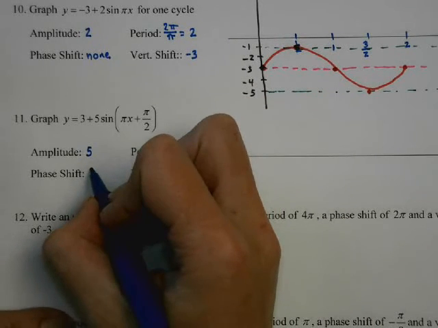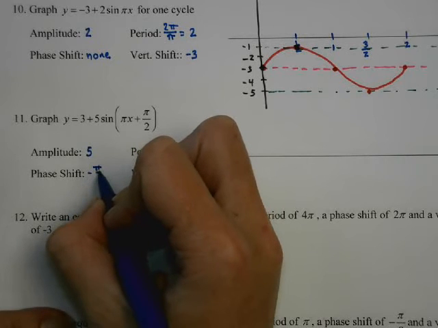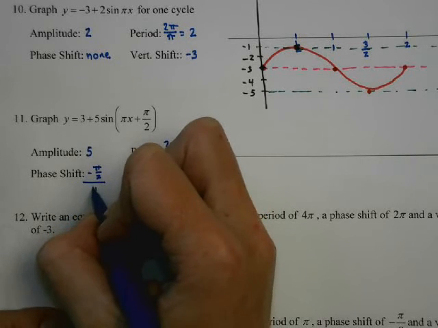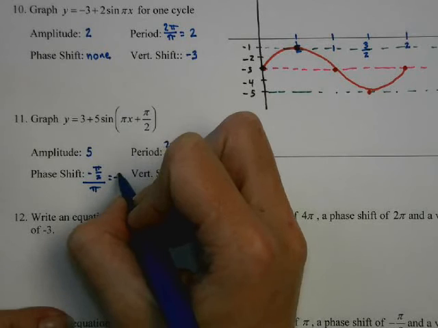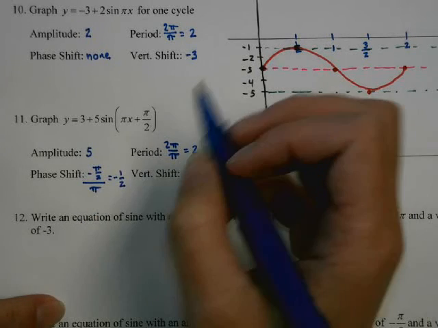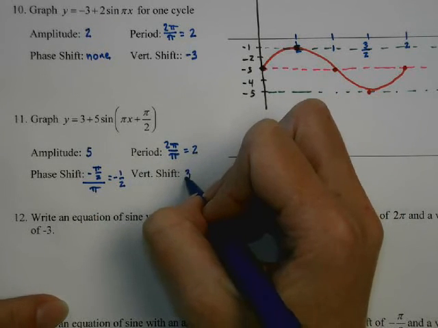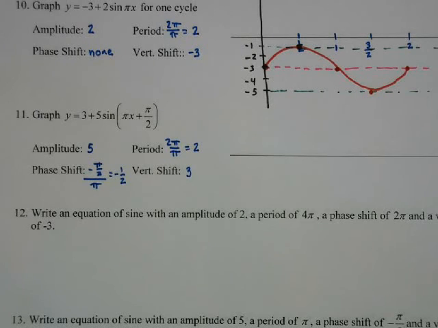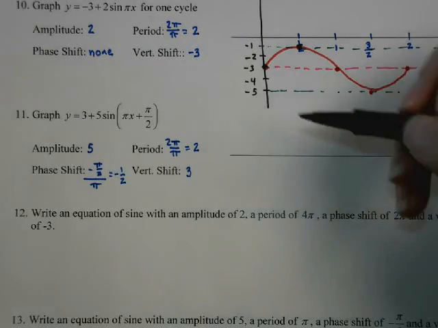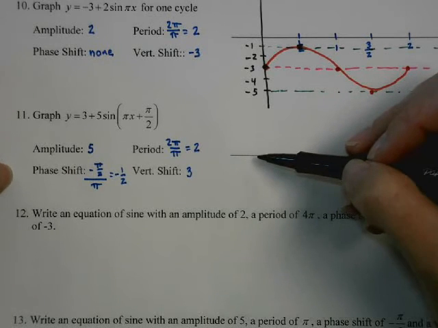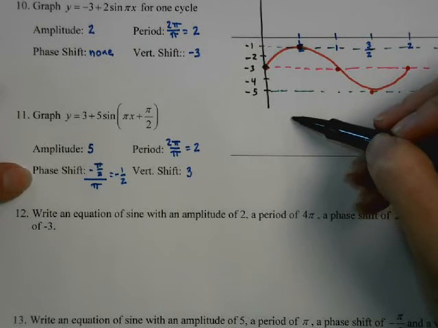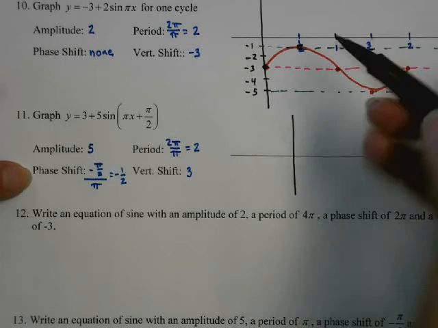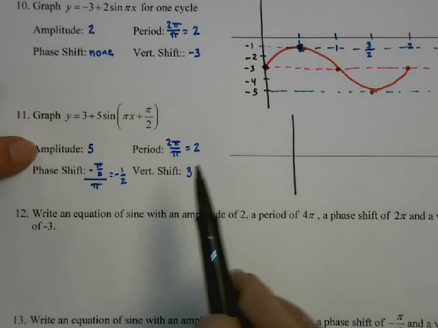The phase shift is going to be negative pi over 2 divided by pi, which is going to be a negative 1/2. Our vertical shift is 3. So we're going to have a negative phase shift, I'll leave a little space there, and a positive vertical shift.